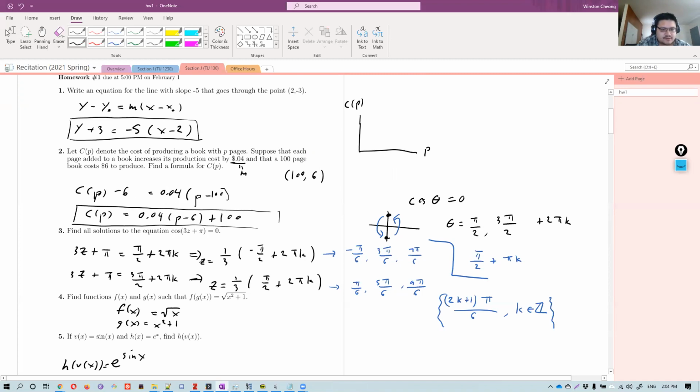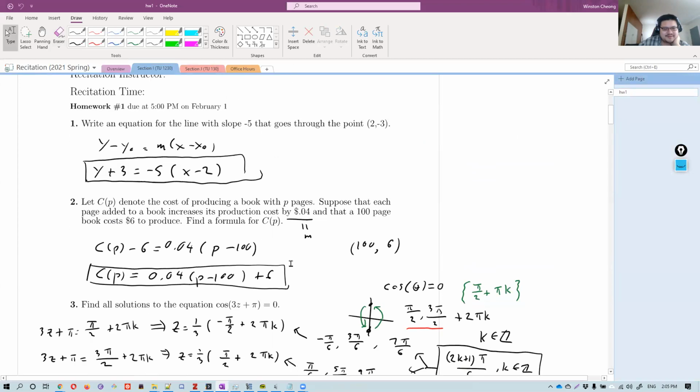And so then this is going to be a plus 6. This is a minus 100 plus 6. Yeah, so that fixes it. That looks right. Make sure I didn't mislead them as well. No, I didn't. Oh, you guys are just unlucky.